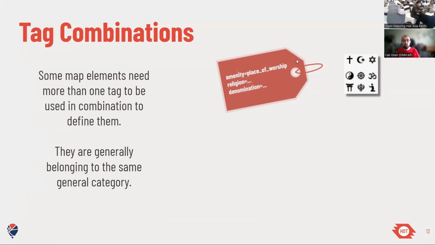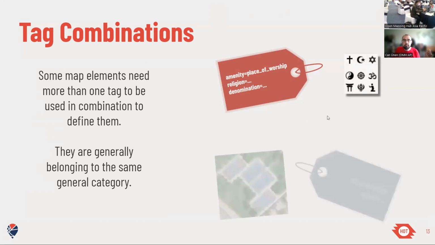If you just want to add a temple right now in OpenStreetMap data, there is not a tag that is defining that, like building equals temple. But it is a place of worship, so amenity place of worship, and as another tag in combination, you need to also add religion Buddhism to that.